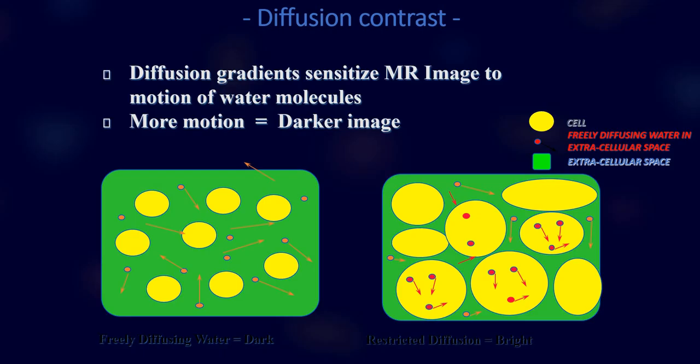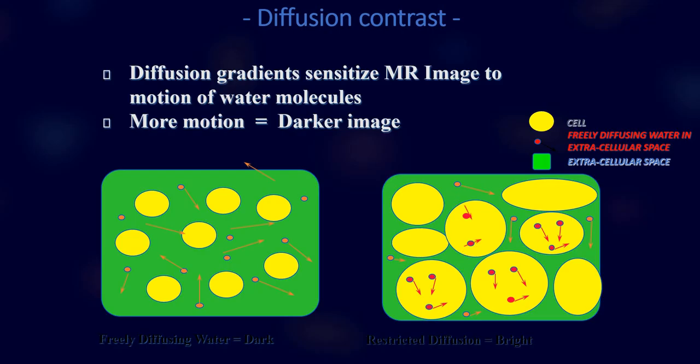But when the motion of the fluid in the extracellular space is restricted, or reduced, first in the cytotoxic edema, where the fluid is moving from the extracellular to intracellular space, the cell size will increase. So this is cytotoxic edema.